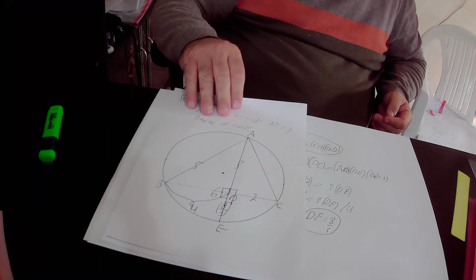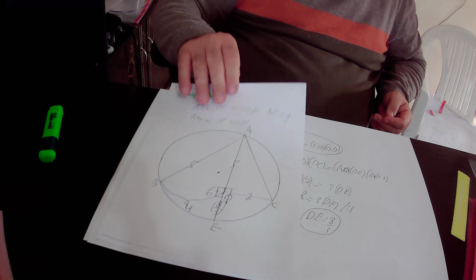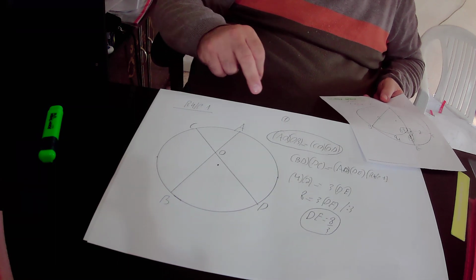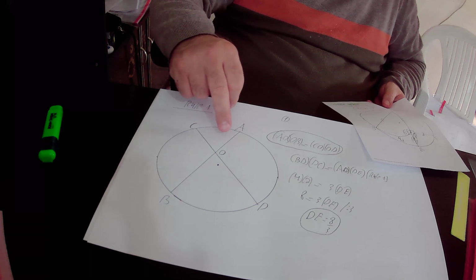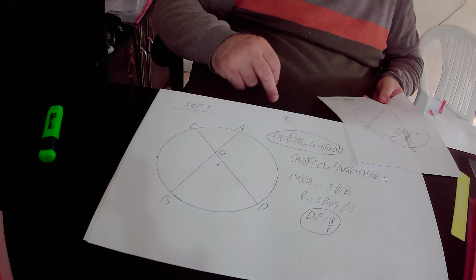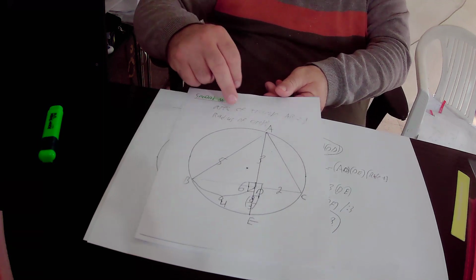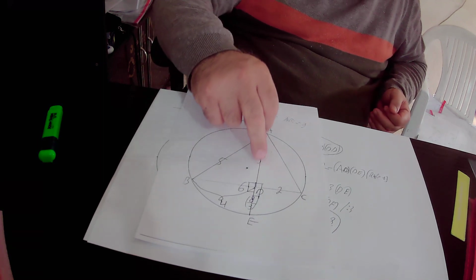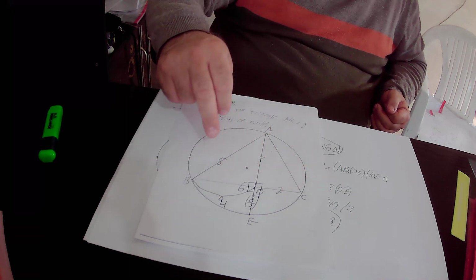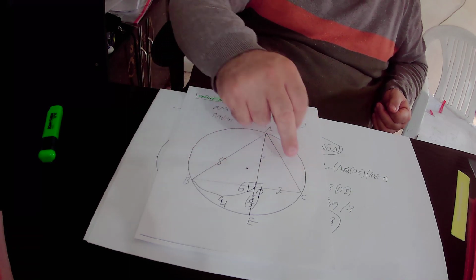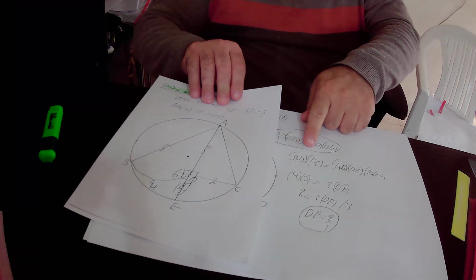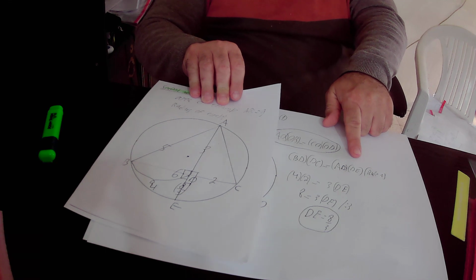And here, according to rule number 1, rule number 1 says that AO times OB equals CO times OD. So according to rule number 1, because of the fact that chord AE intersects with chord BC at point D, we get that BD times DC equals AD times DE.